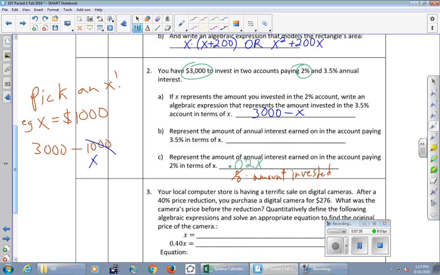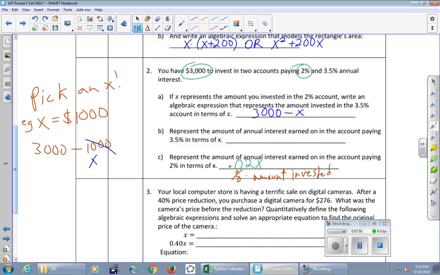So that's that. 0.02x is the answer there. But again, I think concretely before I think abstractly. X is abstract. But if you just ask me how to calculate interest, I say percent times whatever you invest. There it is, percent times whatever we invest.